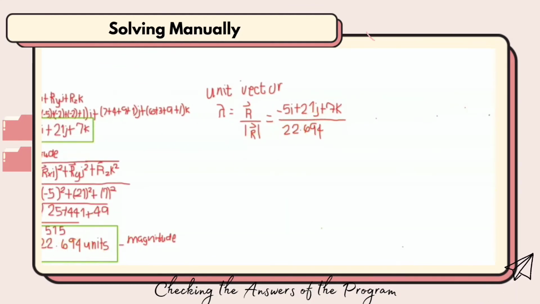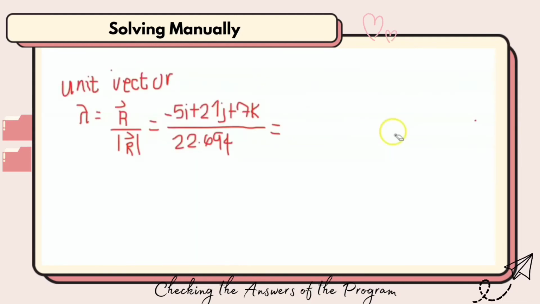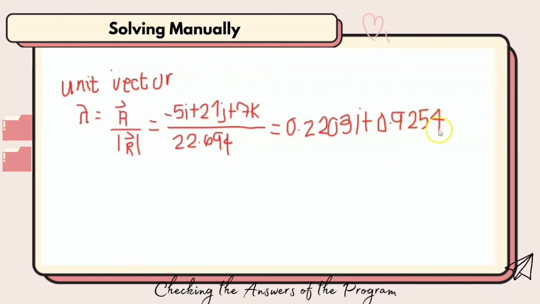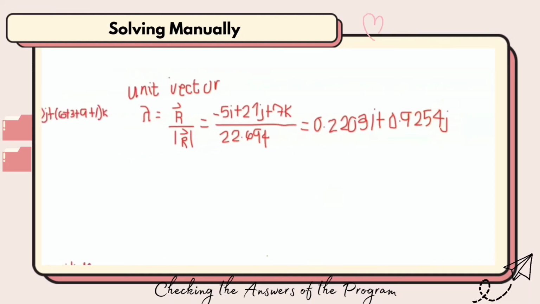22.694 units. Dividing -5i by 22.694 will be equal to 0.2203i, plus dividing the 21j by the magnitude, it will be equal to 0.9254j.